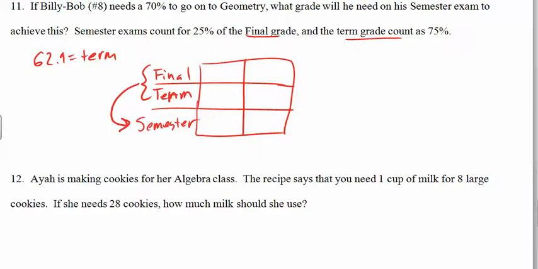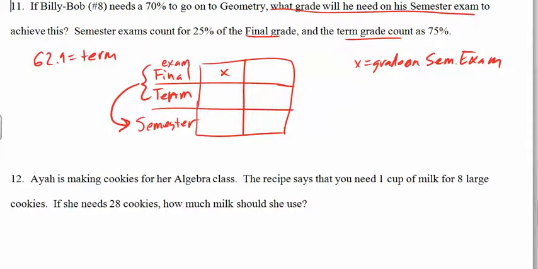All right, so my final grade on the exam, now by this I mean the final exam, that's what it's asking for. It says, what grade will he need on the semester exam? So the final exam, that's what we don't know. X equals grade on semester exam. That's what the question is asking for.